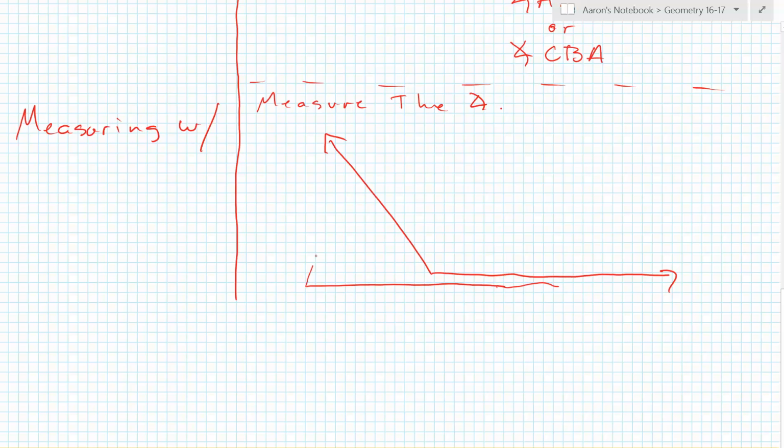You would set your protractor such that the crosshairs are right on the vertex of the angle. Once you do that, you make sure that one side is at 0 degrees, and then all you do is read the tick marks over until you reach your angle measure.